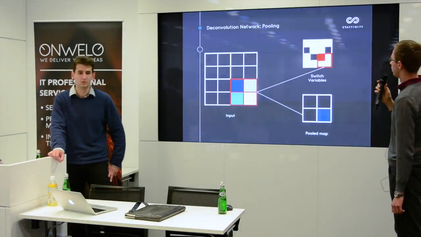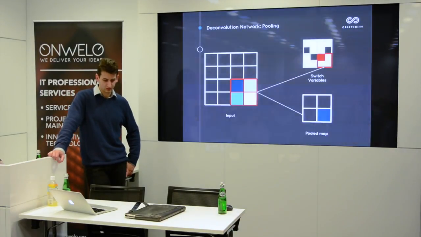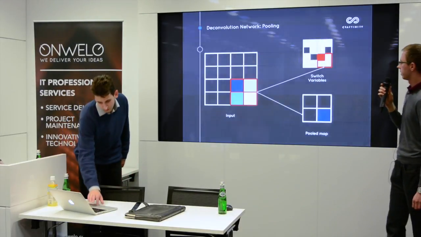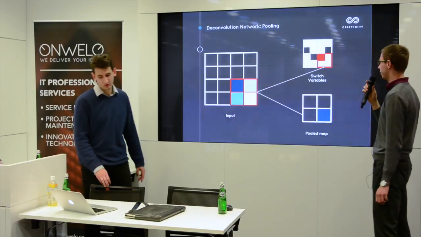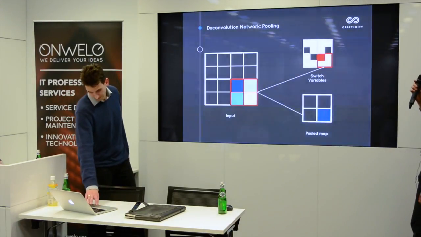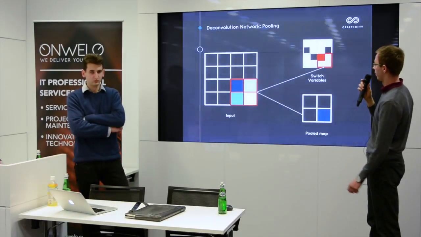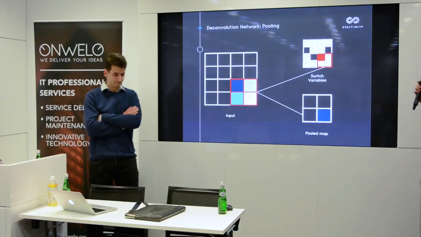Pooling is the other main operation in convolutional neural networks aside from convolution. Pooling is just going with some window through the input and taking some score, usually the maximum from this red square, and putting this into the pooled map.